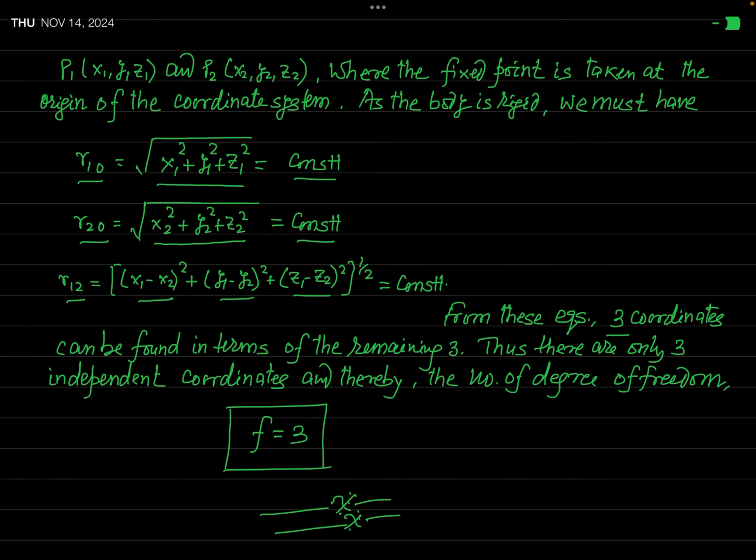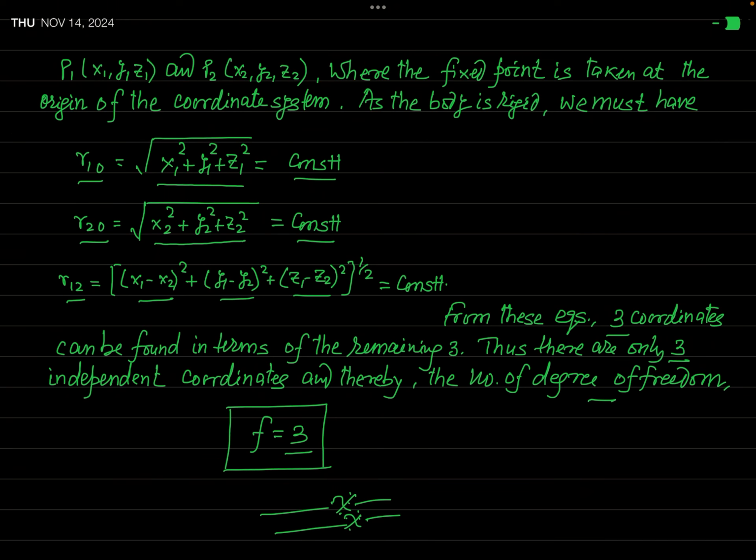So in this case, you can say that the number of independent coordinates or independent variables when the rigid body is fixed at a point is equal to only 3, not 6. And as the number of degree of freedom is equal to number of independent variables or independent coordinates, so you can say if the rigid body is fixed at a point, then its degree of freedom will be equal to 3, not equal to 6.